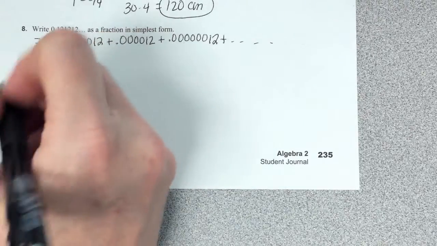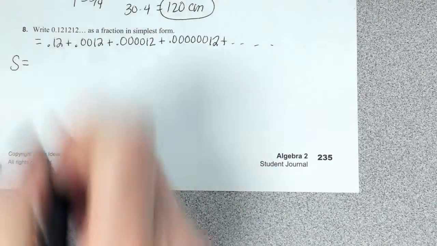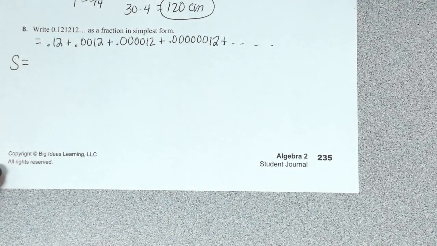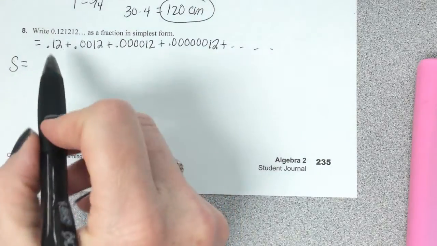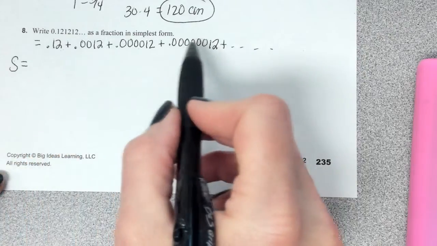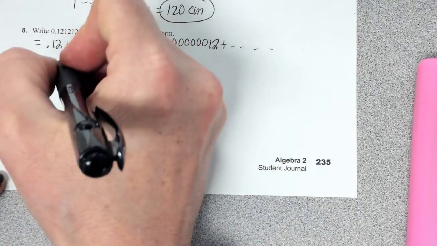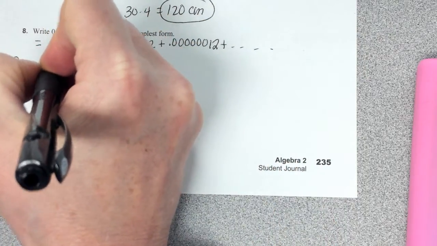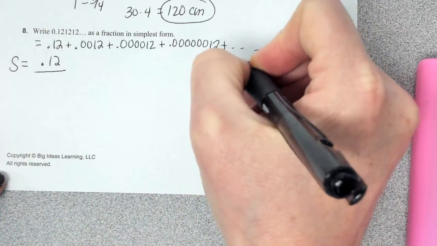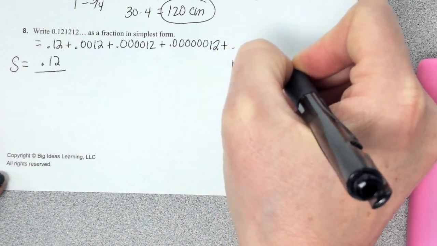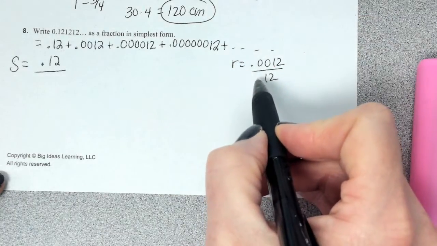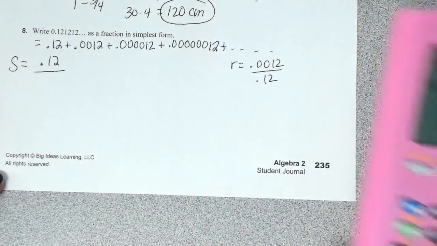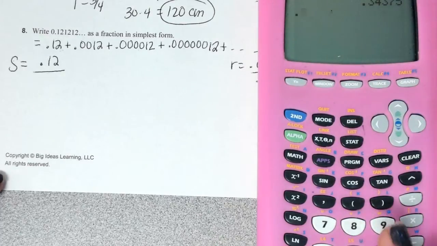So what I can say then is I can find this sum. They're asking us to write this as a fraction in simplest form. Well, I know this is the sum of all these numbers. So a sub 1 is 0.12. For R, we're going to have to do 0.0012 divided by 0.12. I can multiply the top and the bottom by 100, or I can just grab a calculator.